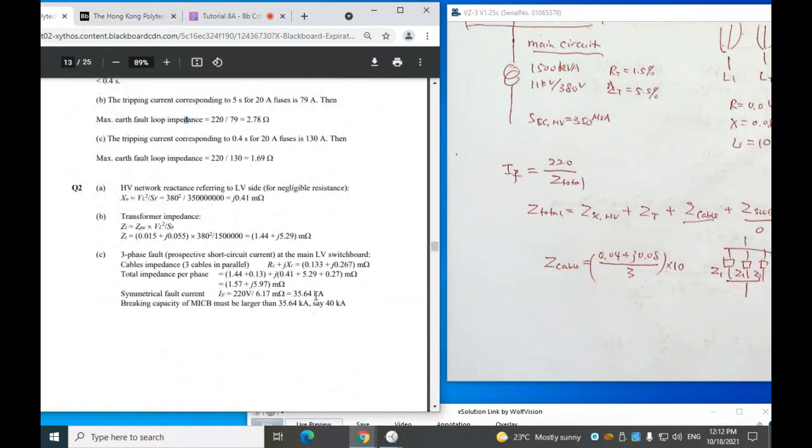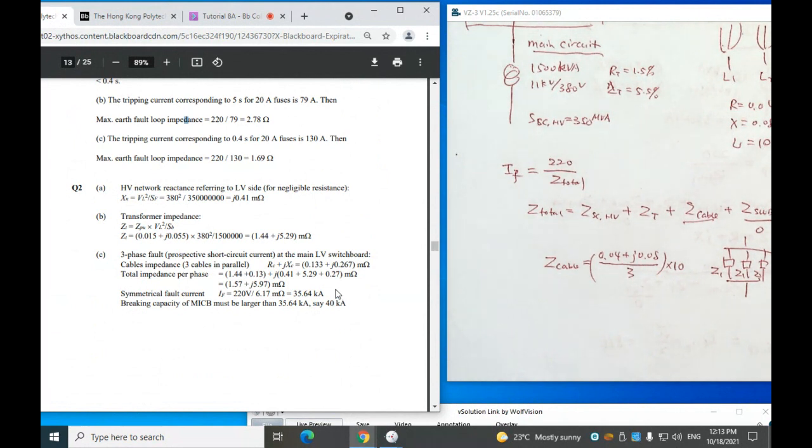Now let's look at the solution sheet. Most of the steps are very similar to those in question 1, so I don't think we need to go through all the details because they are basically the same: finding the impedance of the HV circuit and the impedance of the transformer.